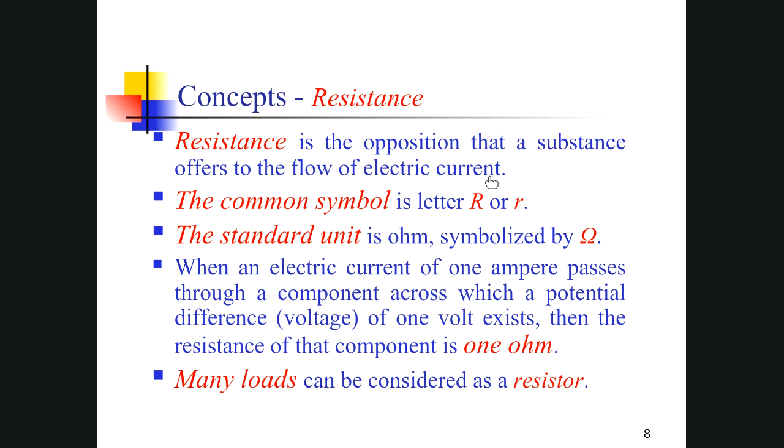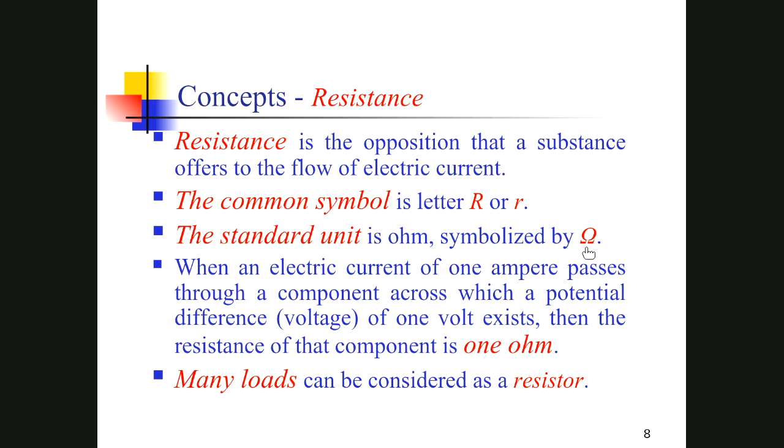Although it is invisible, it is the electrons moving there. It is too small for us to look at, but with a microscope you can look at the movements of electrons. The human eye cannot see the movement, right? The symbol used to represent resistance is R, and the standard unit is the ohm.